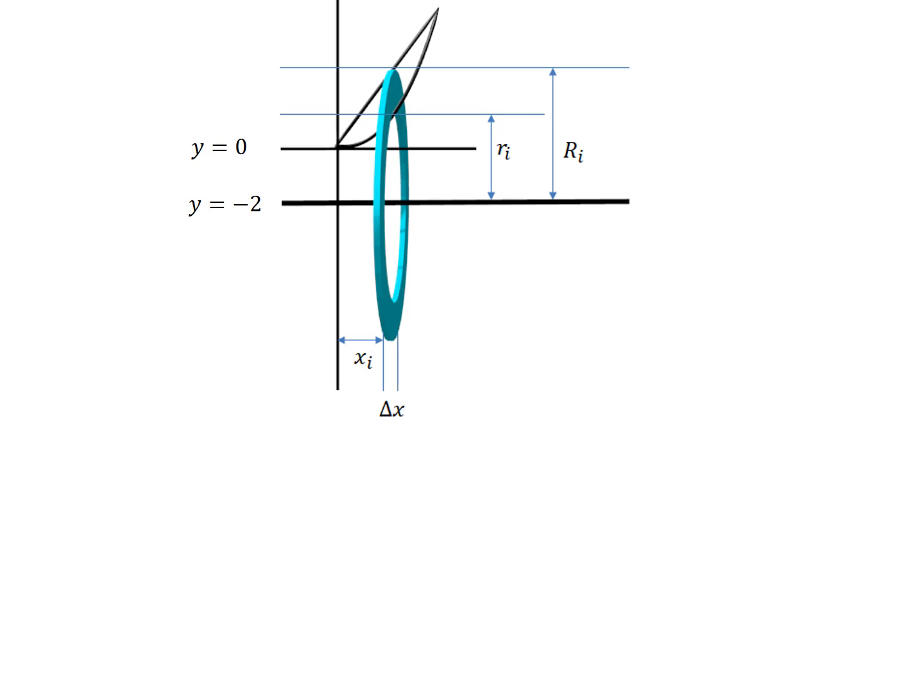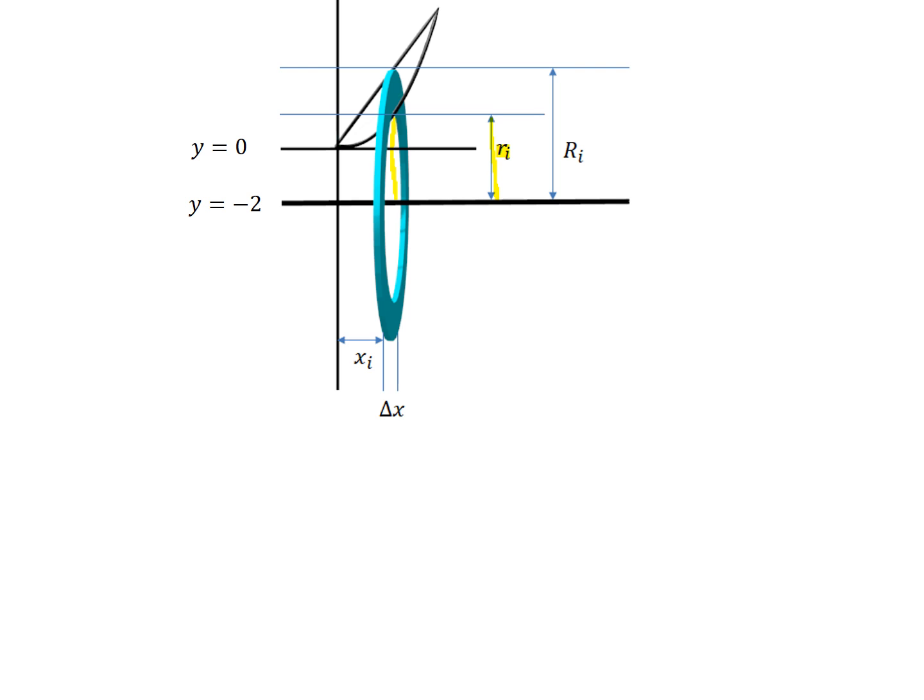Here we have an illustration of the ith washer. So i here is going from 1 to 14, and in general, we'll let i go from 1 to n. This washer is centered at the line y equals -2, and it has an outer radius and an inner radius. For the inner radius, we go from this point on the parabola down to the line y equals -2.